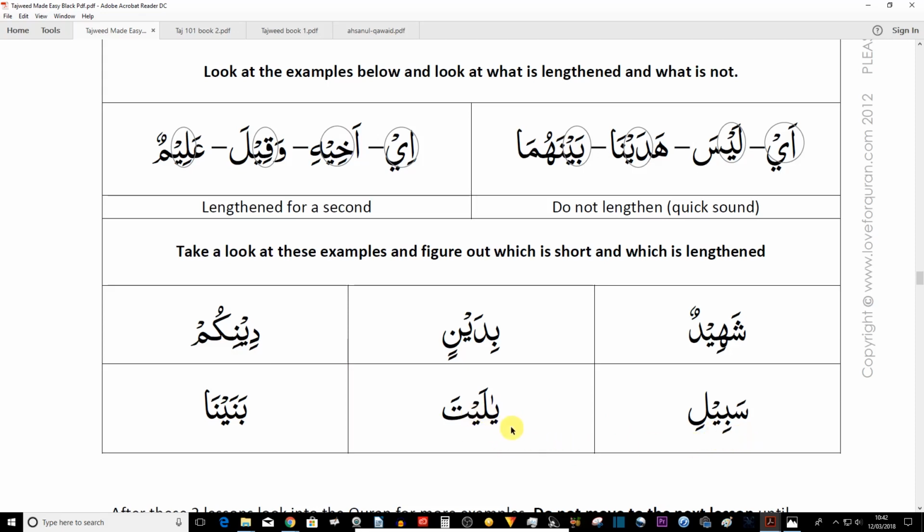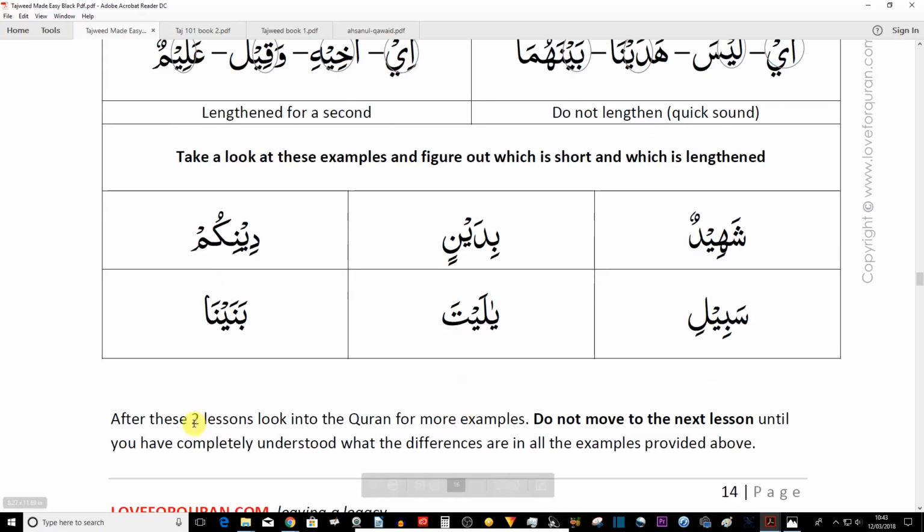Now here we have both: mad asli on ya and Leen letter on lay, so ya is 2 beats, lay is 1 beat. And the last one, Leen on the first noon and mad asli on the second noon. Banay, short beat. Na, long beat. Banayna. Okay?